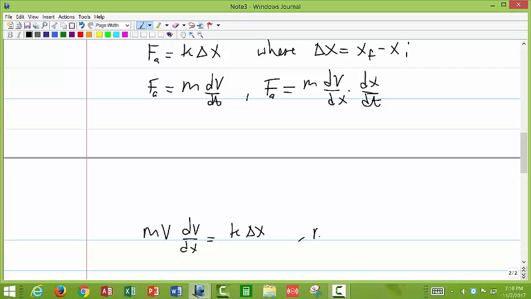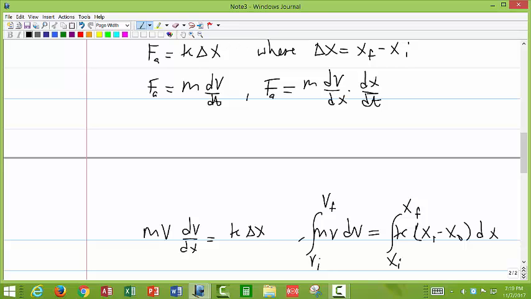So we can write m v dv is equal to k, in this case, let's put delta x to be x1 minus x0, dx. Then we integrate from initial to final, and integrate from v initial to v final.